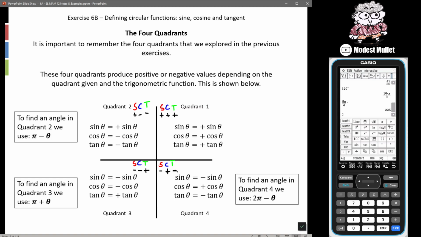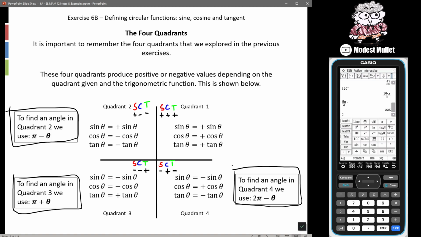So there's a little bit of a table to help give you a quick reminder about when they are positive, when they are negative. Now, a quick look at symmetry, and that's what these boxes over here are giving a hint towards, is that it doesn't matter what quadrant we're in, we can always think of that angle in terms of the first quadrant. There's a matching angle in the first quadrant where we would just have to adjust the sign.